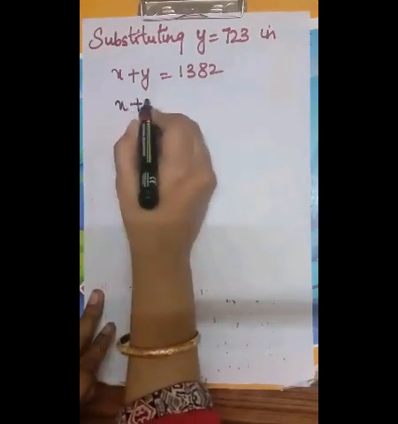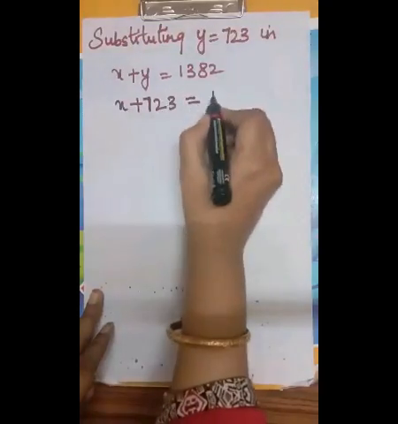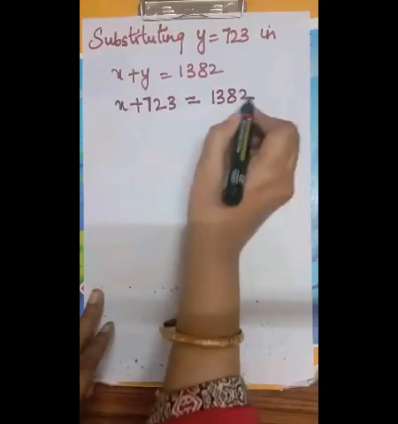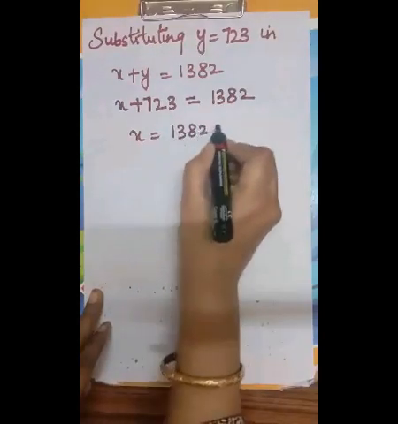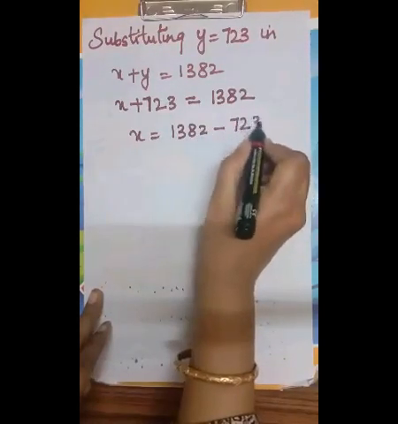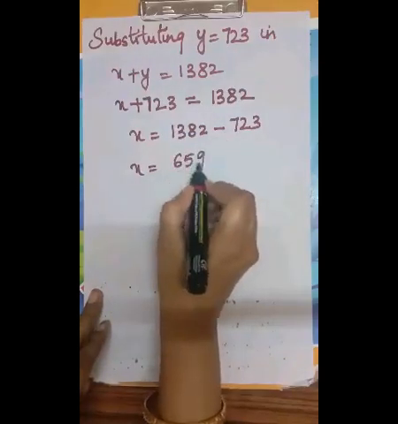X plus 723 is equal to 1382. X is equal to 1382 minus 723. When you subtract, you will get 659.